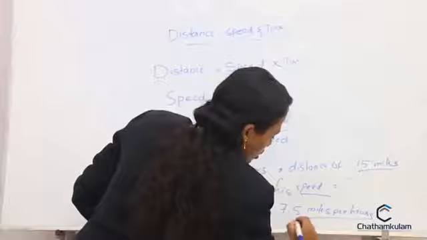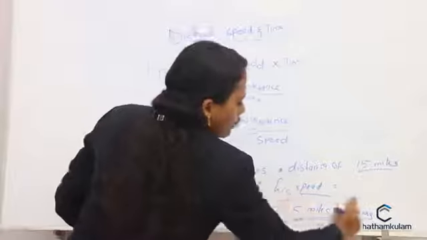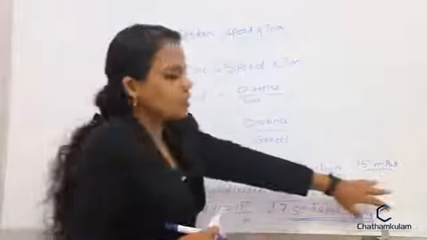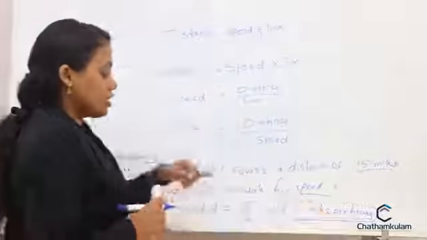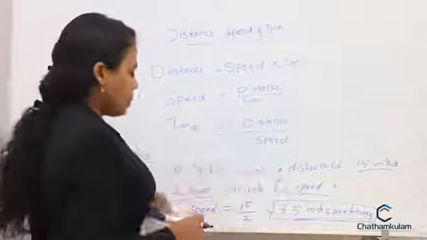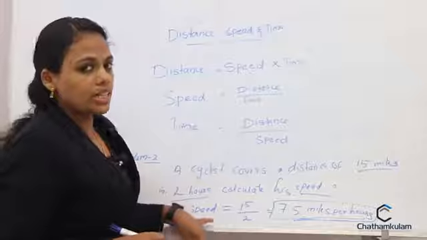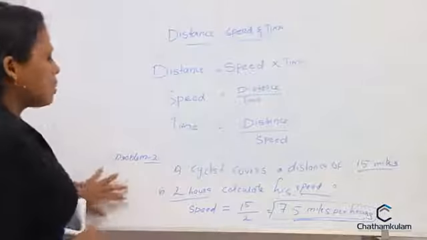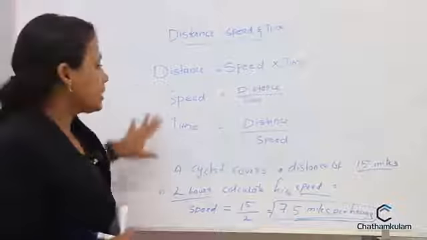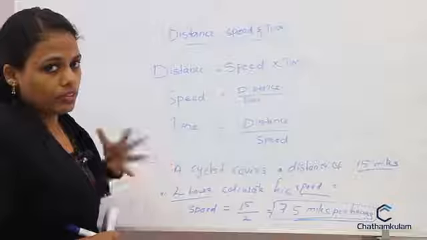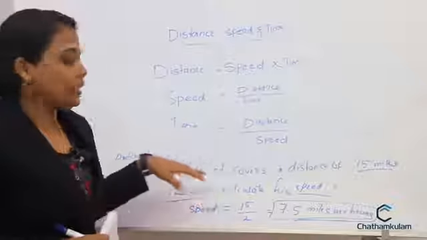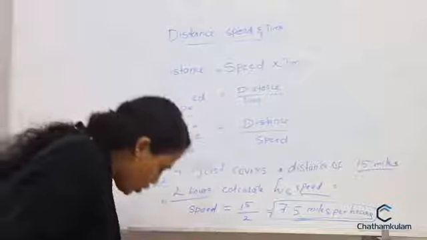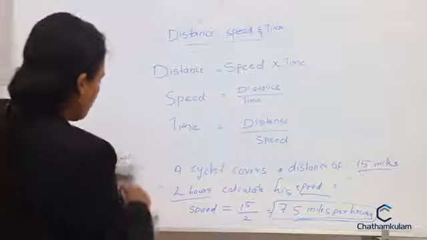We mention miles because the question already mentions 15 miles, and we put 7.5 miles per hour because we are calculating a speed. So this is a question to solve the speed of a particular thing, whether a train or here a cyclist. We will go for the next question.